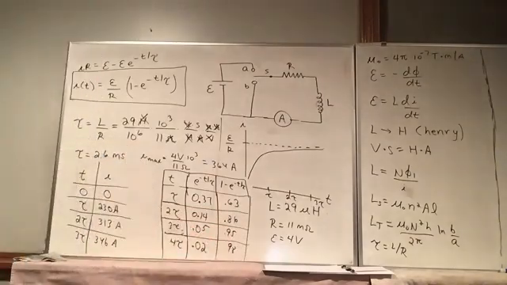So the change drops off pretty quickly. And after 3 or 4 time constants, you can basically say you've reached your steady state, which is maximum current, which in this case would be 364 amps. All right. So any questions on that?